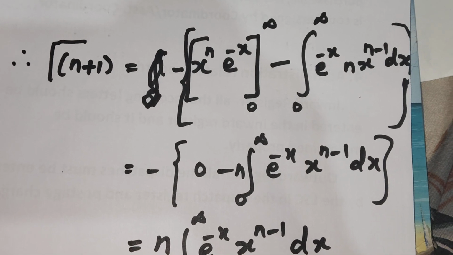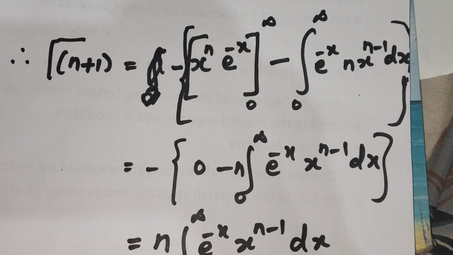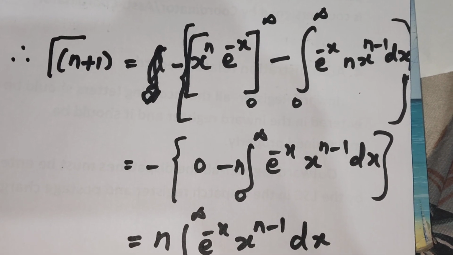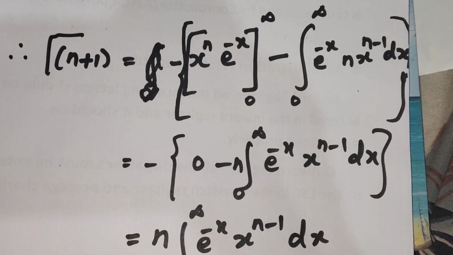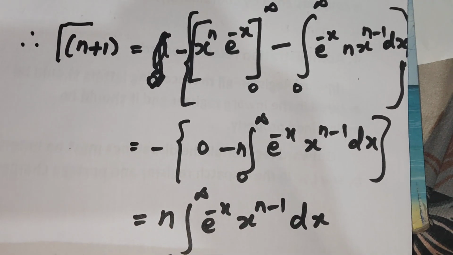When we apply the limits 0 and infinity for the term x power n e power minus x, the term vanishes, and therefore gamma of n plus 1 will be minus 0 minus n integral 0 to infinity e power minus x, x power n minus 1 dx.